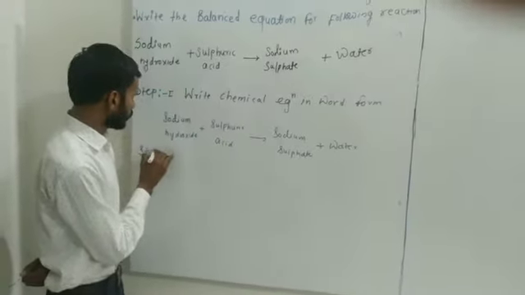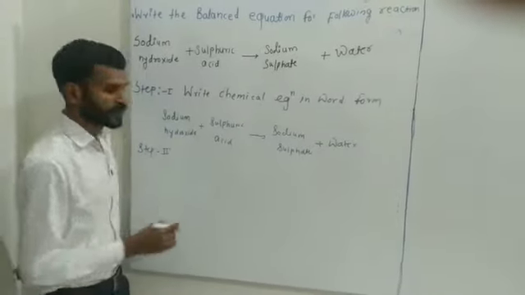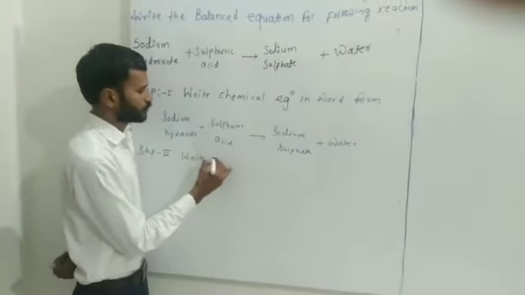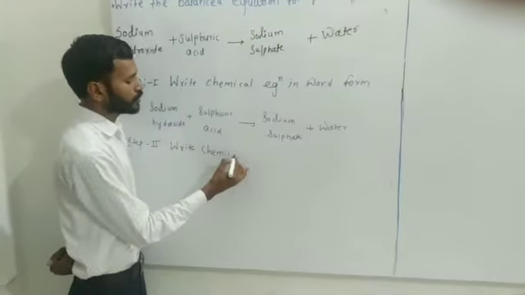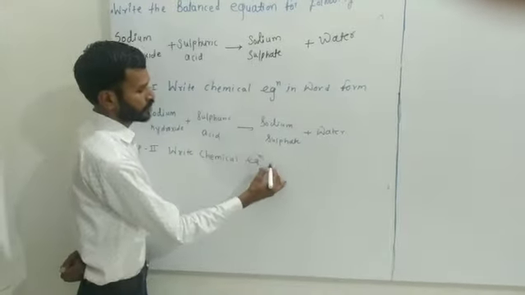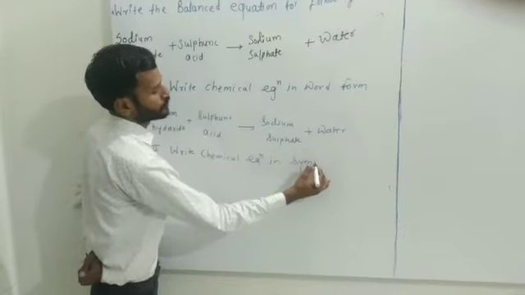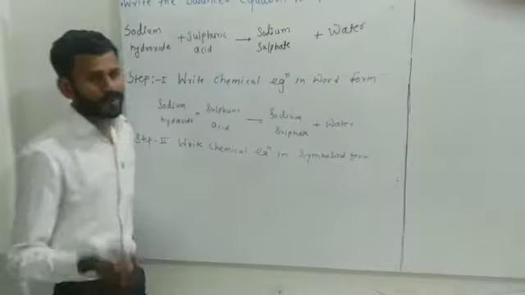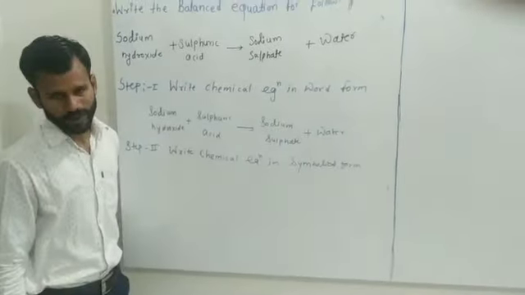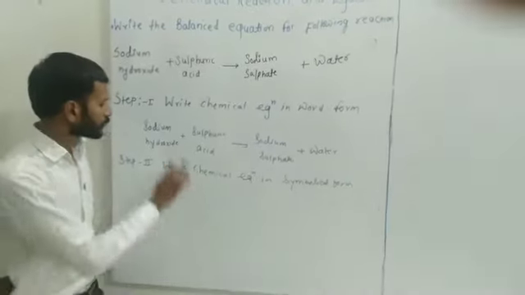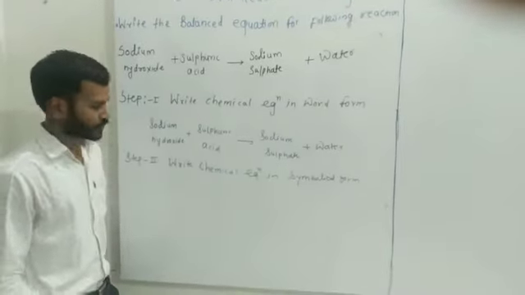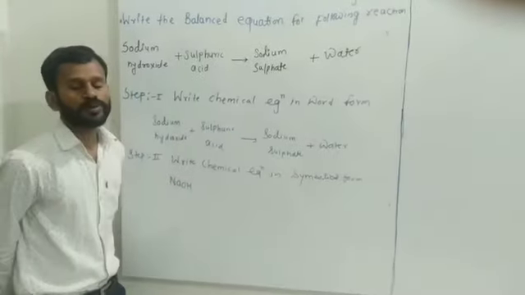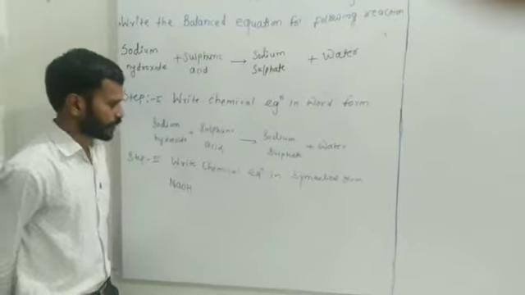Step 2: write the chemical equation in symbolical form. For this we must know the symbol related to each compound. Sodium hydroxide is NaOH.